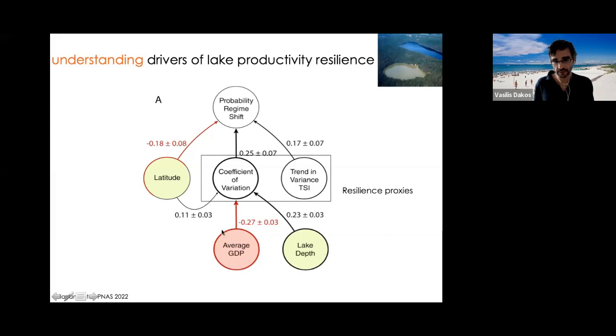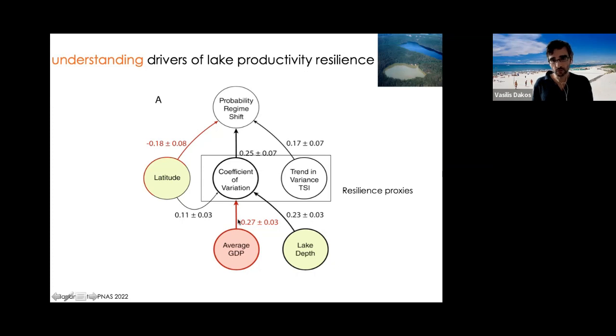At the end, the model gave us very few potential explanatory variables. Basically, the lake depth was an important variable, the latitude where the lake is situated, and, strangely enough, or interestingly enough, the GDP at the level of the catchment around the lake.